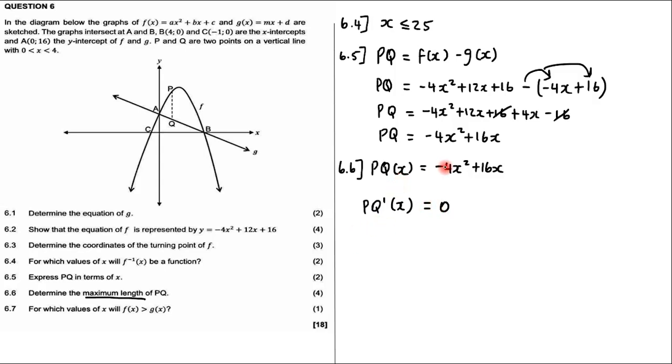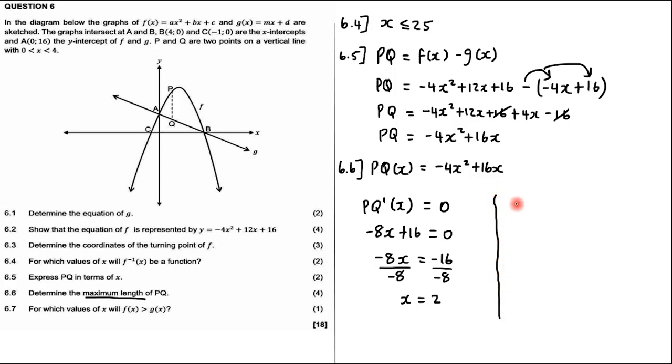By doing this, the derivative of that one is minus 8x, and of that one it is 16. Then equate this with 0, so minus 8x is equal to minus 16, divided by minus 8 on both sides. x is going to be equal to 2. This is the x value where I'm going to have the maximum length.